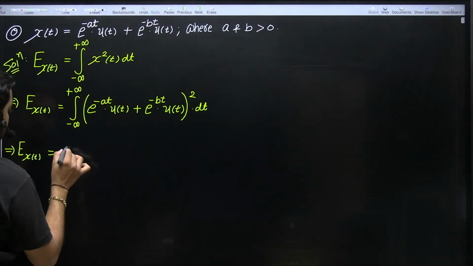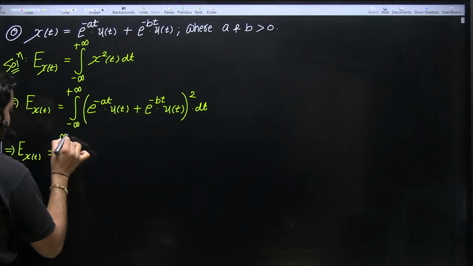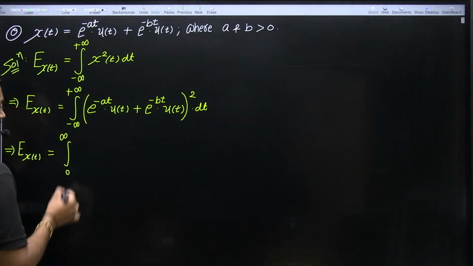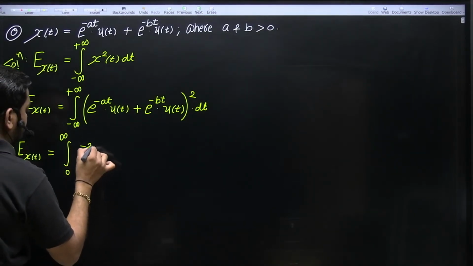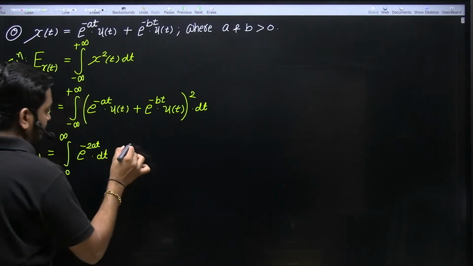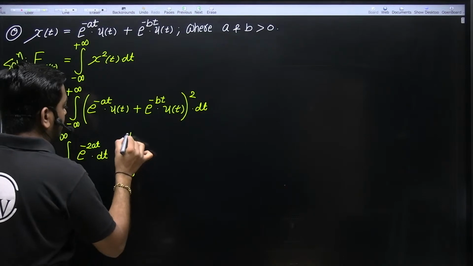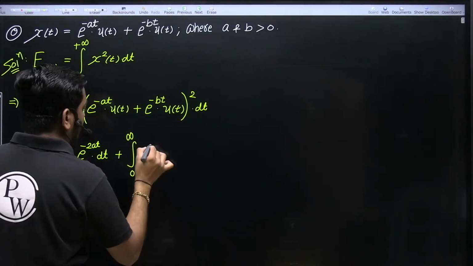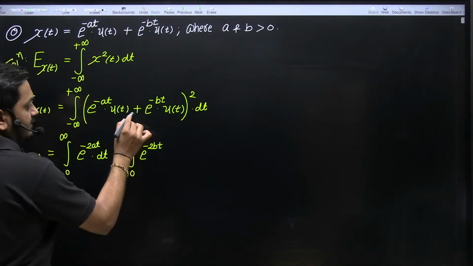First term: as this is u(t), the integration will be 0 to infinity, since this is a right-sided signal. Square of the first term, so e^(-2at), a square plus b square again. The square of this signal is e^(-2bt), and here plus sign.